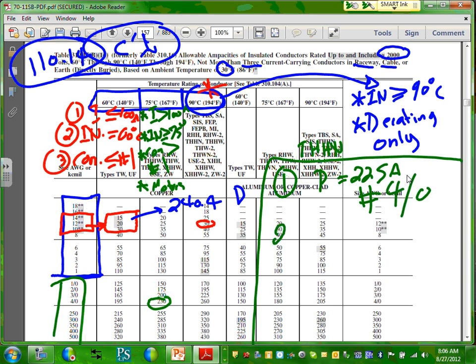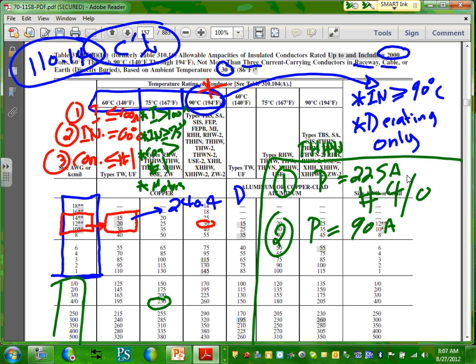All right, example number 2. See how it jogs your memory? Now I have a panel, and I have no idea what the panel is, and I decided it's a 90 amp panel. I don't know what the lugs are. They didn't tell me anything about the lugs, but they tell me it's 90 amps and THHN conductor.